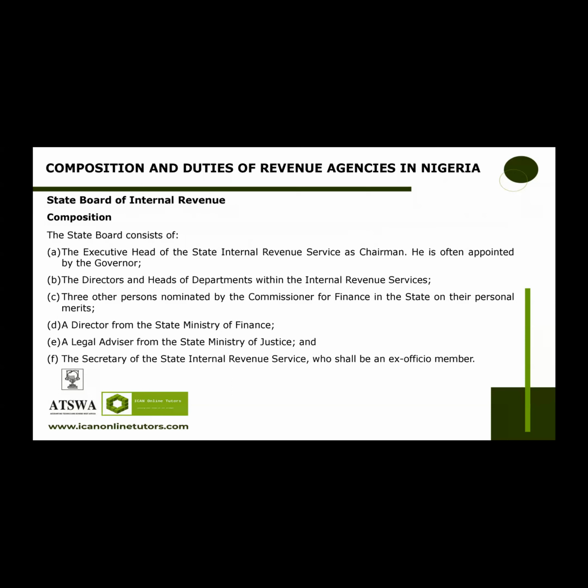And the directors and heads of departments within the Internal Revenue Services, three other persons nominated by the Commissioner for Finance in the state on their personal merits, a director from the State Ministry of Finance, a legal advisor from the State Ministry of Justice, and the Secretary of the State Internal Revenue Service, who shall be an ex officio member. Are we together? So these are the components or composition of the State Board.